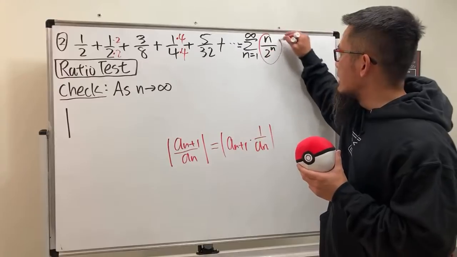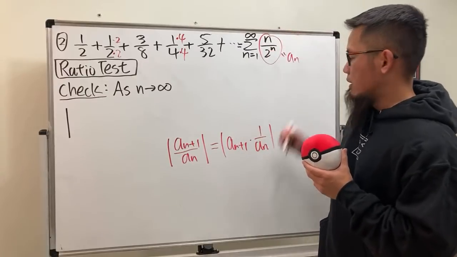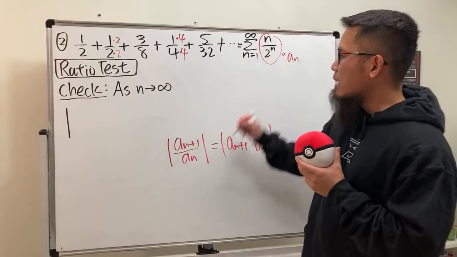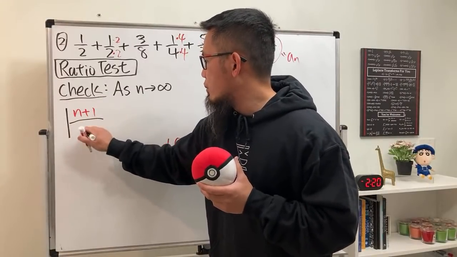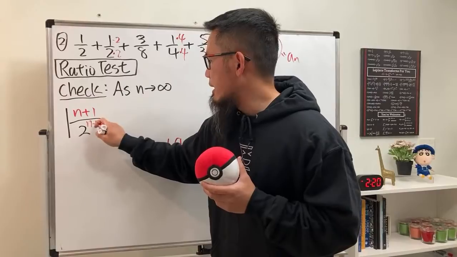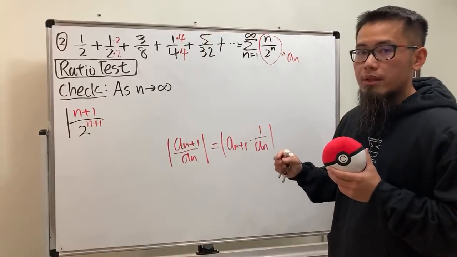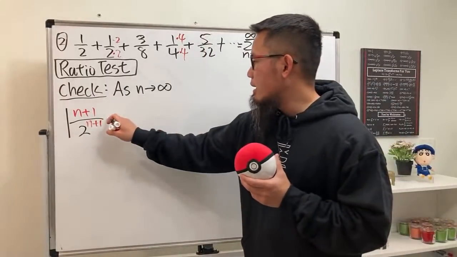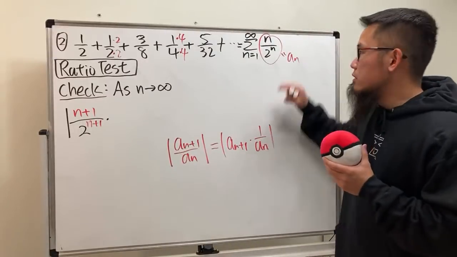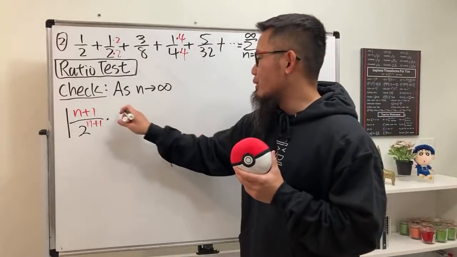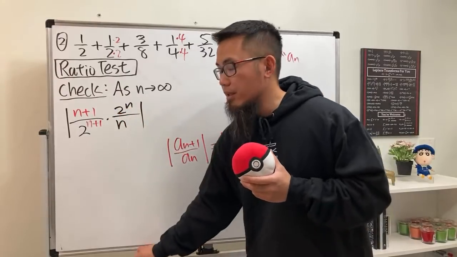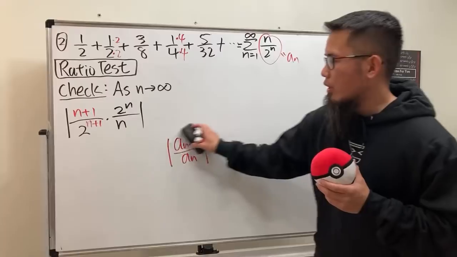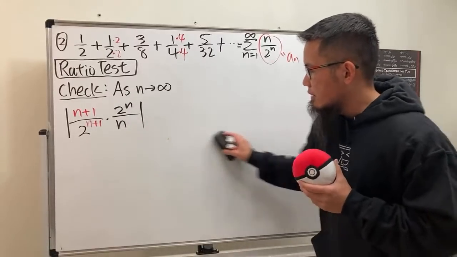This time, this is the a_n. So a_{n+1} becomes (n+1) over 2 to the n+1. Right? That's the a_{n+1}. And then we multiply by the reciprocal of a_n, so you just do this upside down, so you have 2 to the n over n, like so. So this is the expression that we will be focusing on.